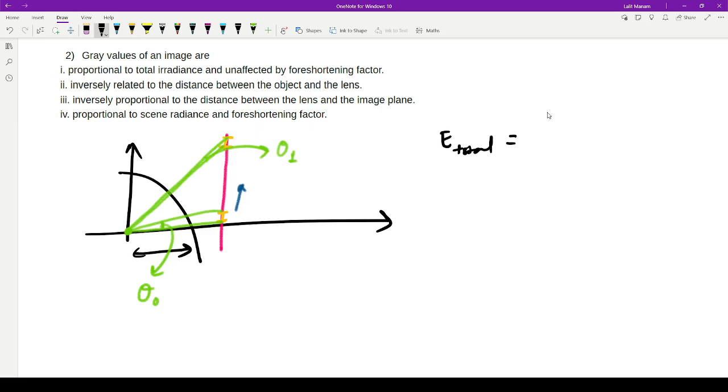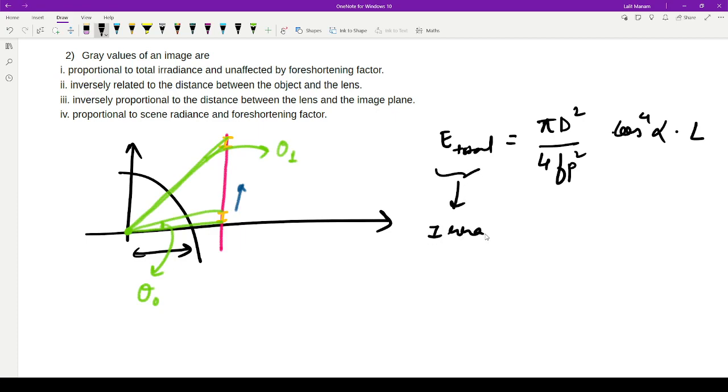What was this denoting in the lectures? It is image irradiance, right? Whatever is the irradiance captured by the image.